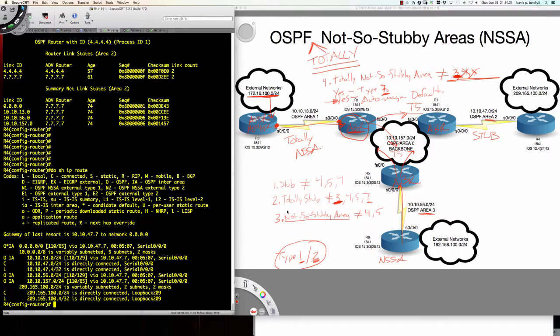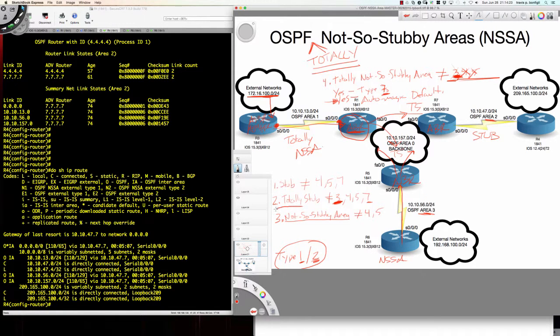So the only OSPF area type that does not automatically generate a default route into the area, whether it's a stub, totally stub, not so stubby, or totally not so stubby area, is the NSSA, the not so stubby area. All three other area types are going to give you automatically a type 3 inter-area default route that can be used.